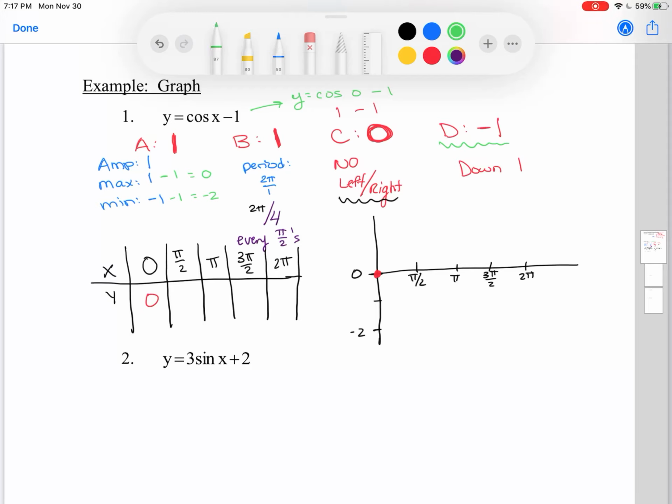Next one, pi halves. Well, if I plug in pi over 2 for my x, cosine at pi over 2 is 0. Minus 1 gives me -1. At pi, cosine of pi is -1. Subtract another 1, and we get -2.